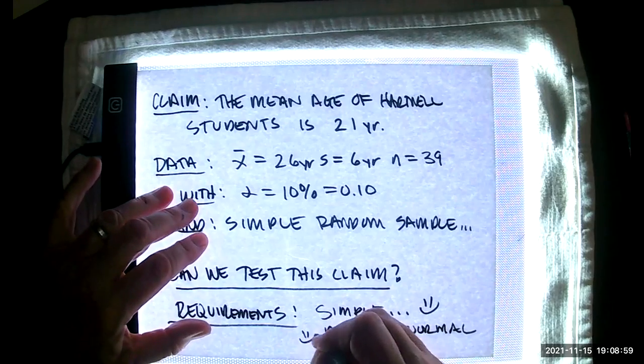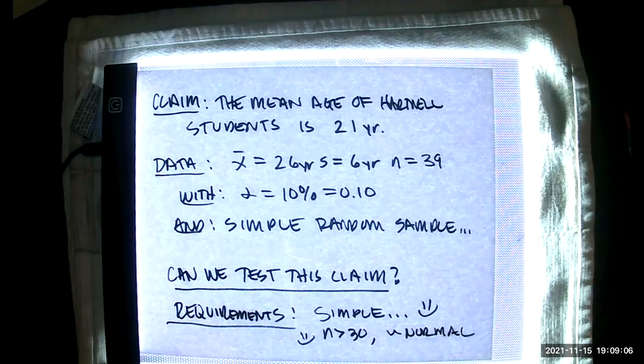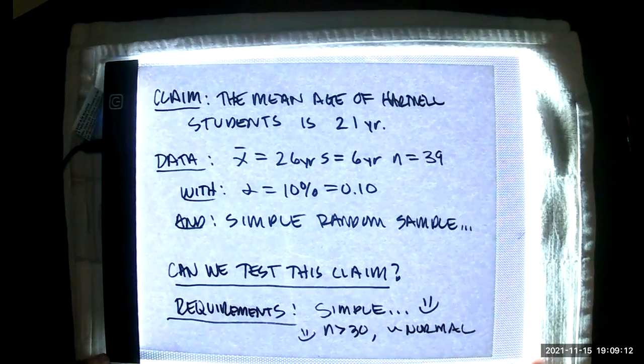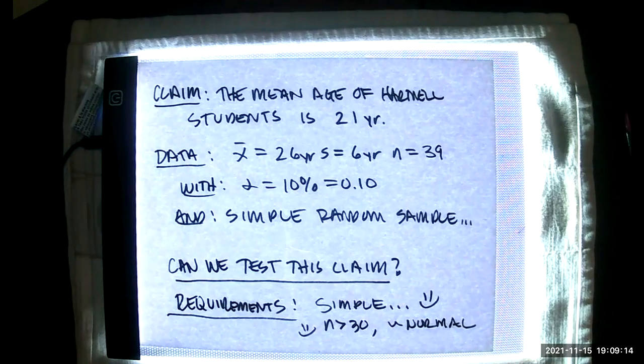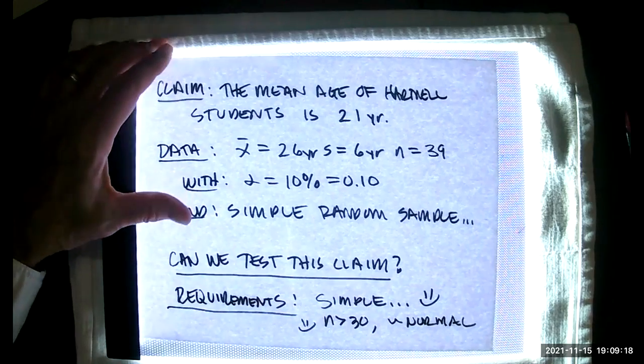And we've got the n greater than 30. So we're justified in reaching for our calculator. Otherwise, honestly, we need to leave the calculator in the box, or more likely find a better tool. We do have tools to use when these requirements are not met, but that's a more advanced tool.